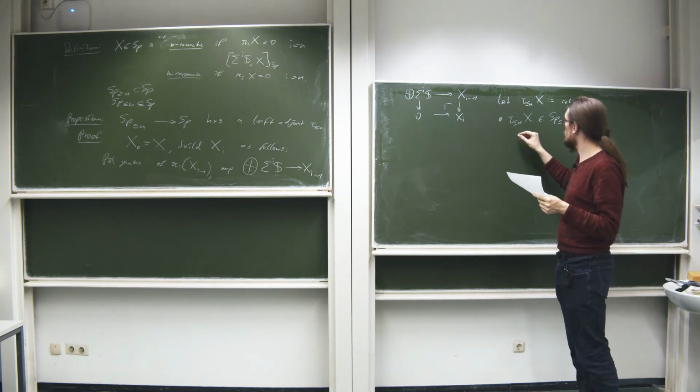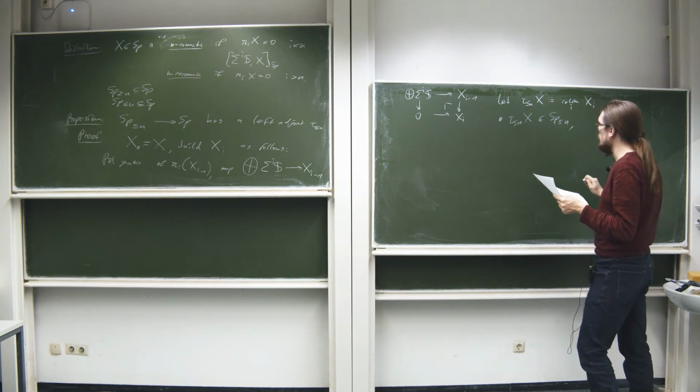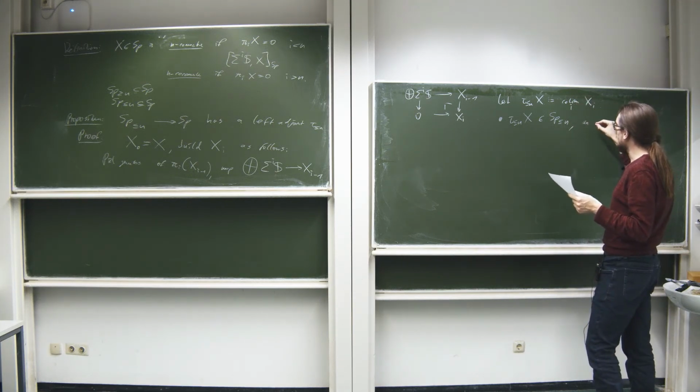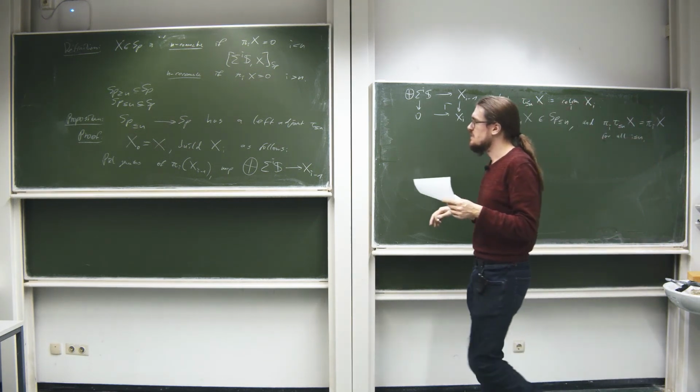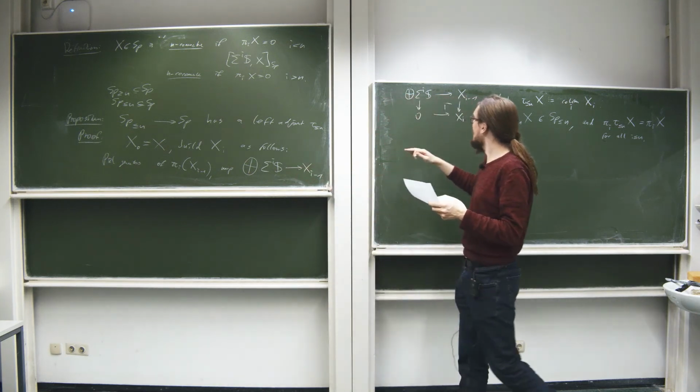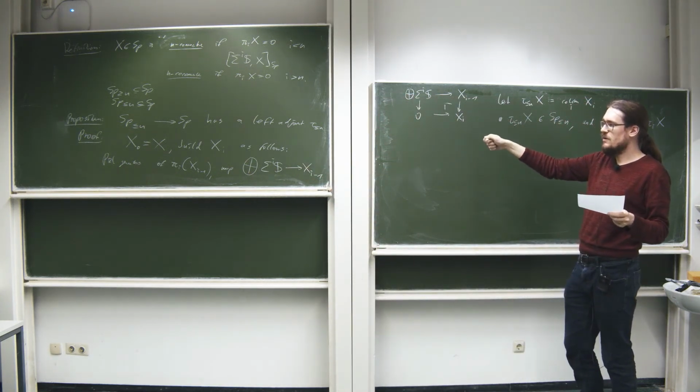And the second thing I wanted to say is that pi i of tau smaller or equal n X is the same as pi i of X for all i smaller or equal n. So what we're claiming here is this process kills all homotopy groups in degrees above n.